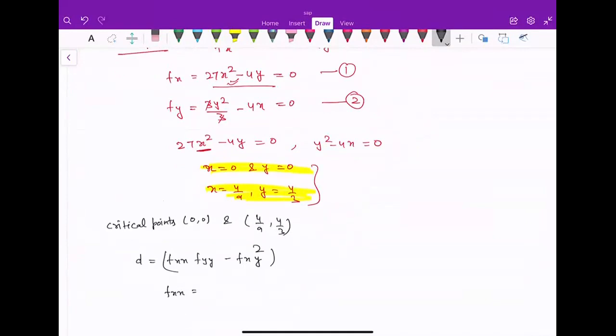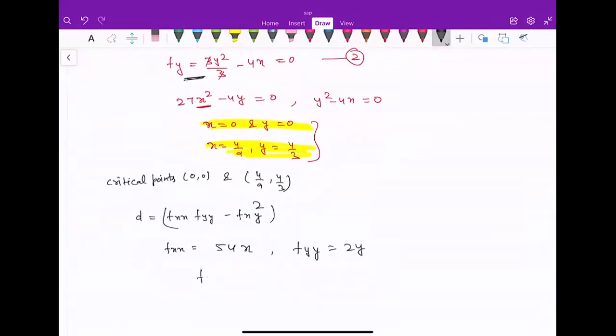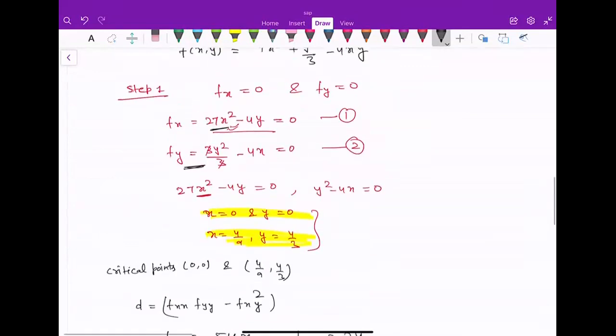So f_xx will be 54x, differentiating this function with respect to x. f_yy, differentiating with respect to y, is 2y, and then we will compute f_xy. So f_xy is coming out to be, differentiating, it is -4, okay, -4.